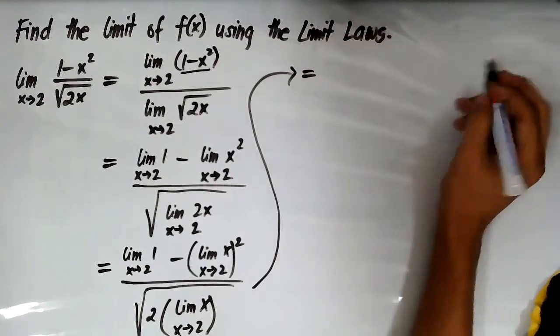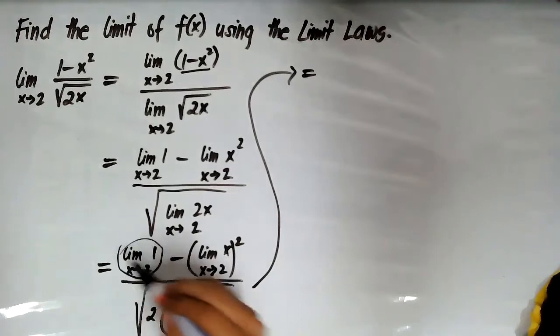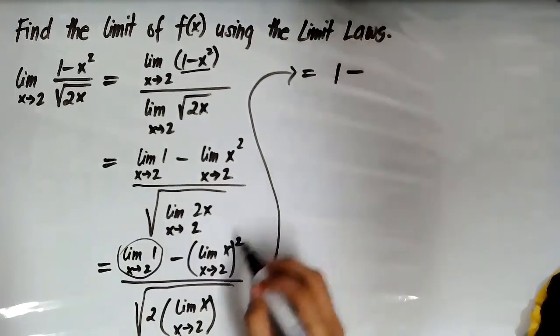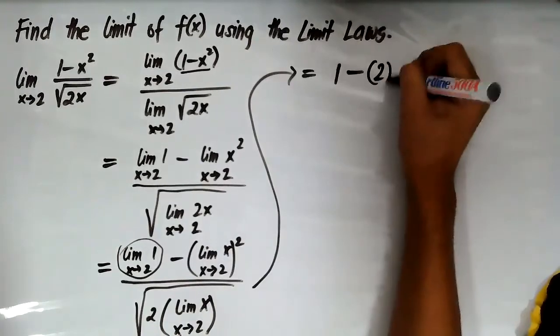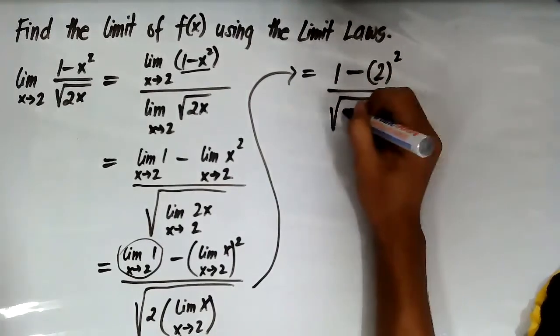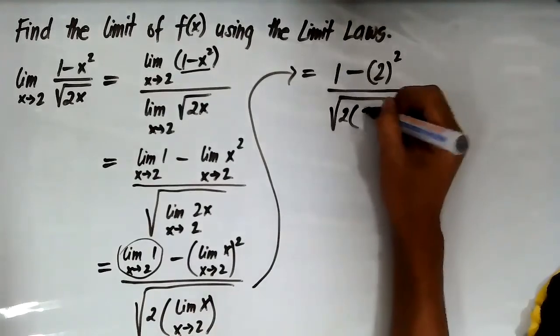This will be equal to, let's start by applying the constant function here, 1 minus, apply this identity function, you have here 2 and raise it to your exponent 2, all over the square root of 2 times, by applying the identity function, this will be equal to 2.